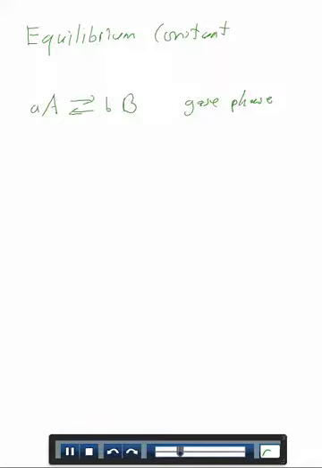B are constant. So define the equilibrium constant as being the pressures of the products multiplied together divided by the pressures of all the reactants multiplied together.